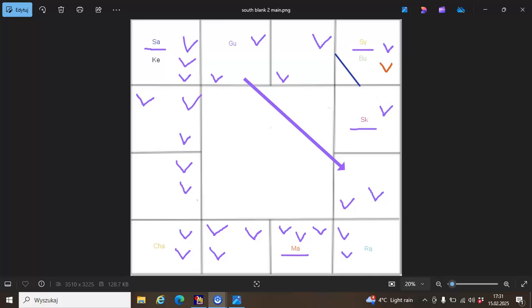So the first cycle of our Mahadashas started from Mithuna, then we went to Kanya, then we had the Mahadasha of Danu, and then the Mahadasha of Mina. From Mina we went to the sign of Karka because it was in trine to Mina.